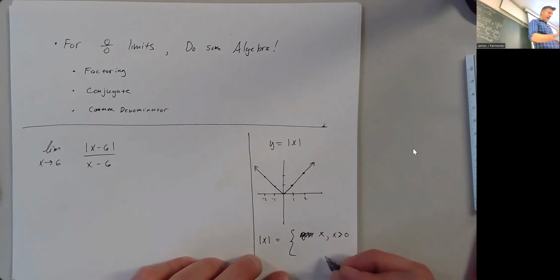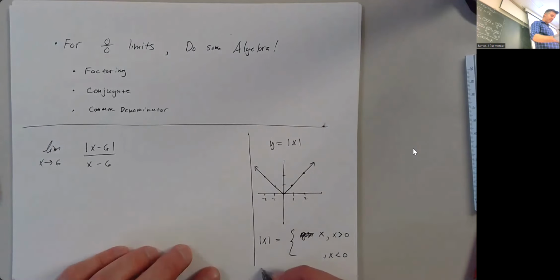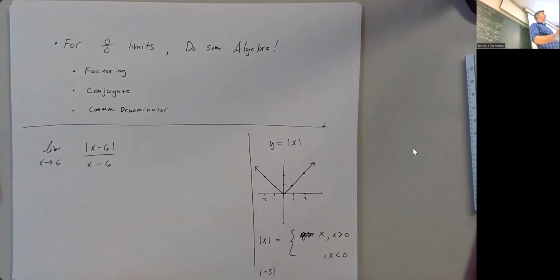But if x is negative, like for example, if x is negative 5, what's the absolute value of negative 5? Everybody. Right. How do you turn negative 5 into positive 5? Right. You do the negative of that negative. So the absolute value of negative 5 is negative of negative 5, which is positive 5.